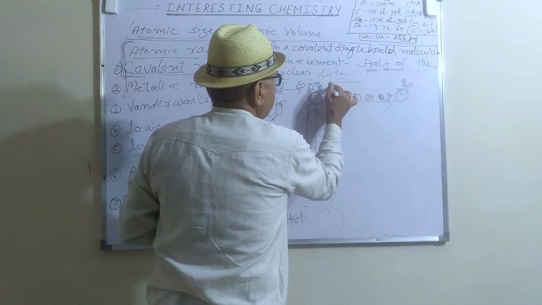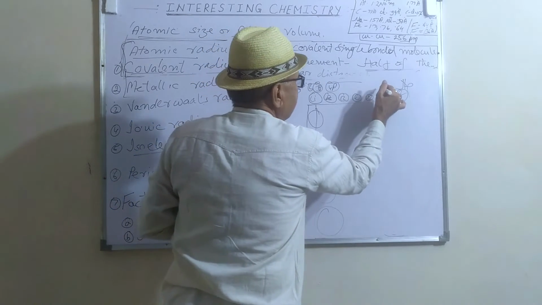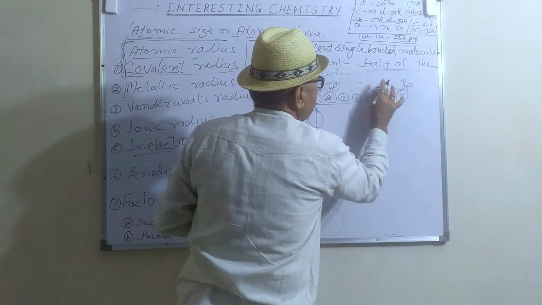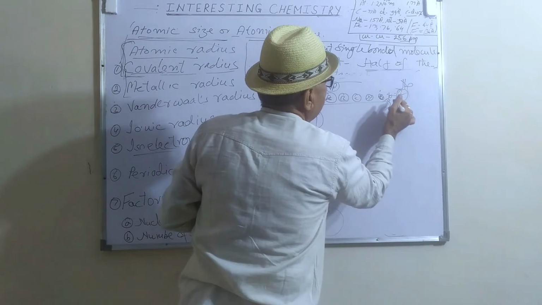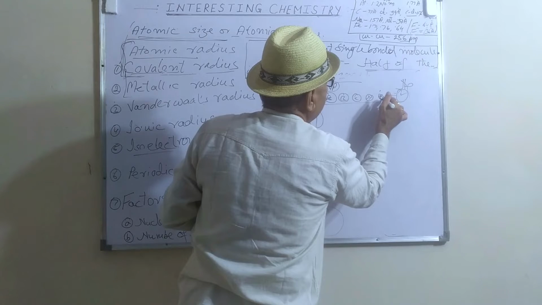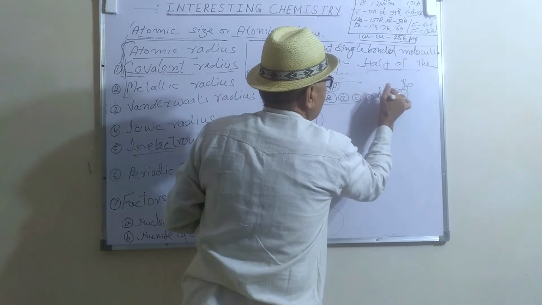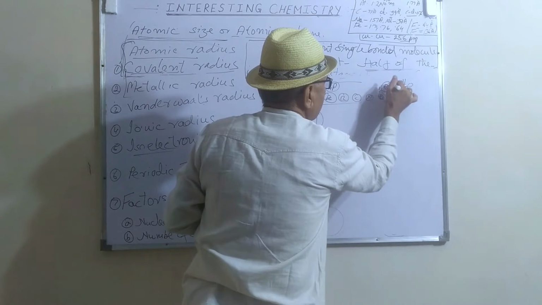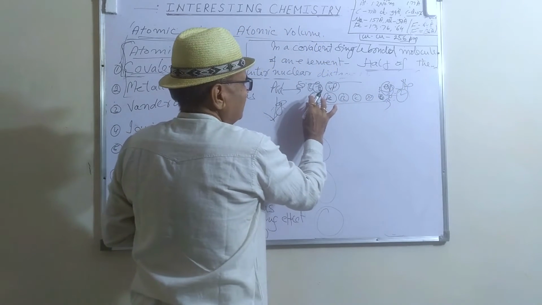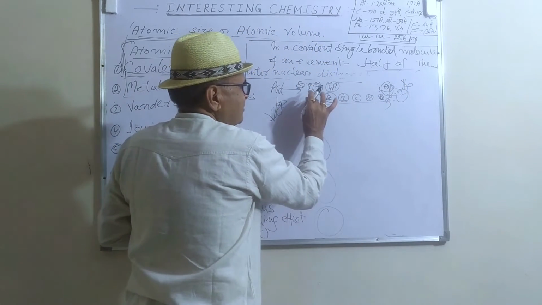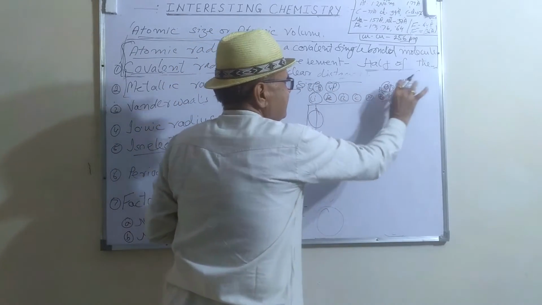Boron has 4 protons. Nitrogen has 7, oxygen 8, and fluorine has 9 protons. So in this case, the nuclear charge is increasing.